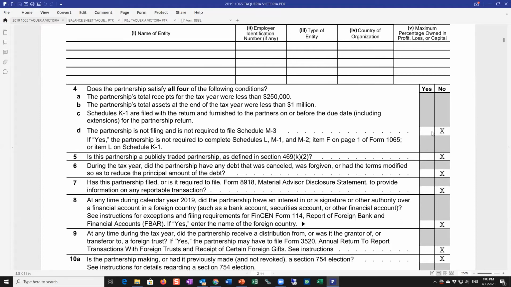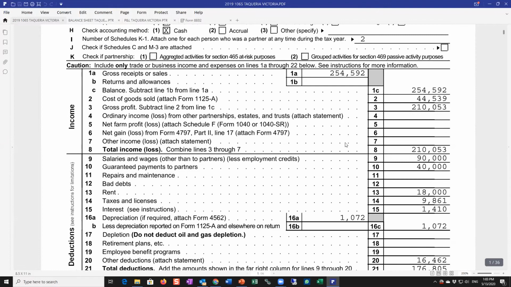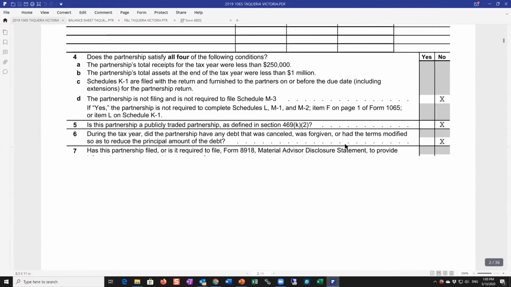basically you're gonna click yes under this box, and then I'll tell you what that means. But right now, how come it says no? Do I meet all the requirements? Well, the very first question is, did I have receipts of less than 250? How much were my receipts? 254. So therefore, I don't qualify for that question.